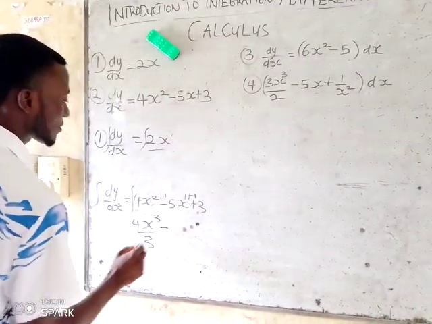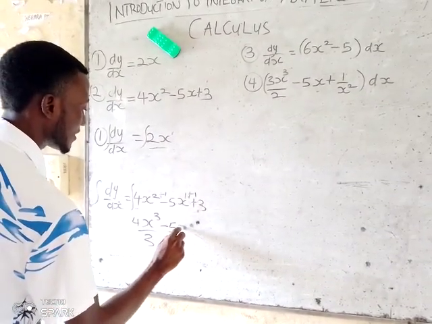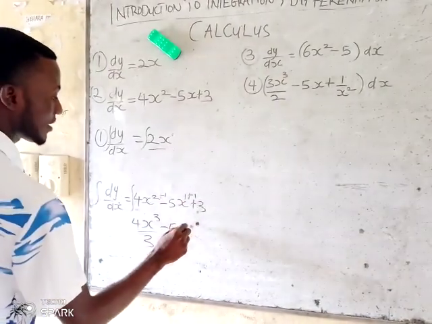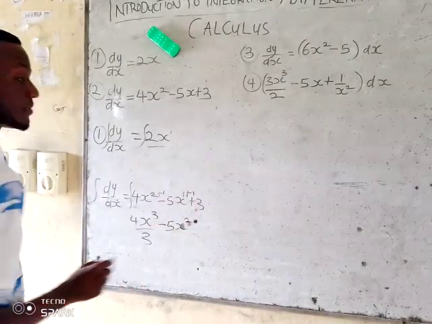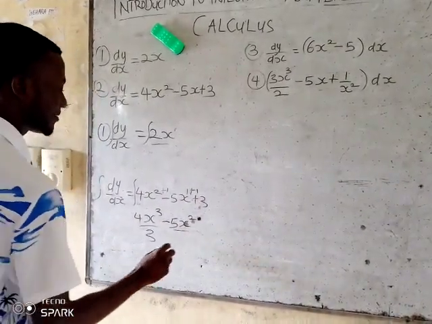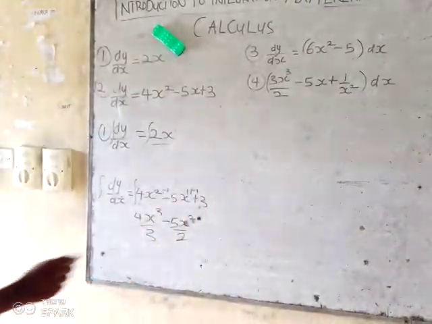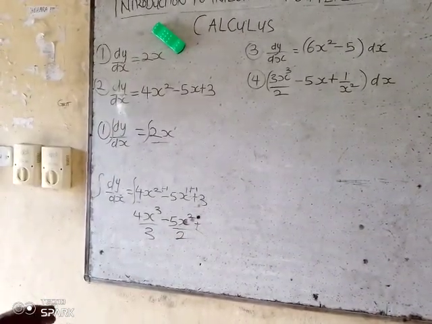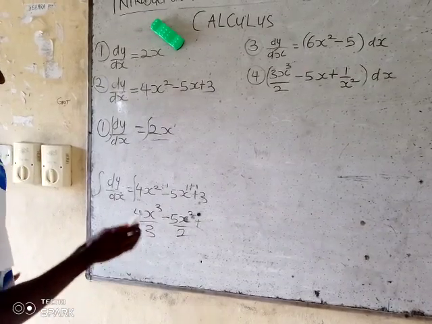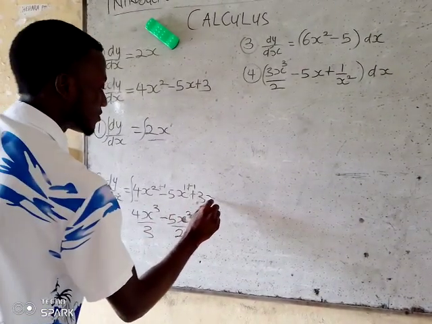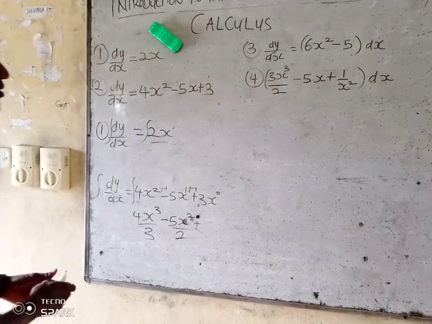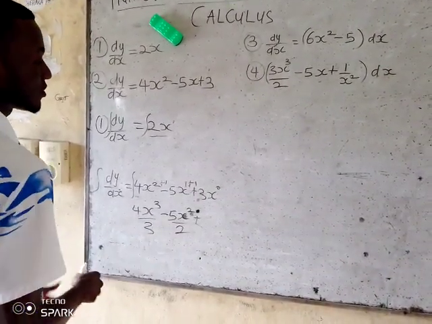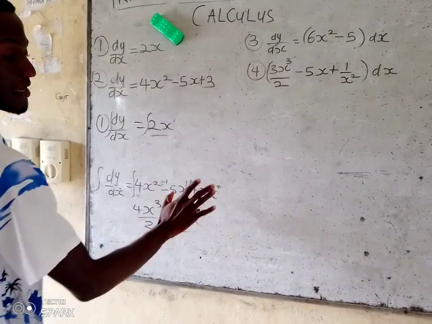Okay, now minus 5s raised to the power of 1 plus 1. Because we are integrating, that will be 2. Divide by that same power, which is 2. Now plus 3. This is also equivalent to 3s to the power of 0, because anything raised to the power of 0 is equal to 1, so 3 times 1 is going to give us that same 3.